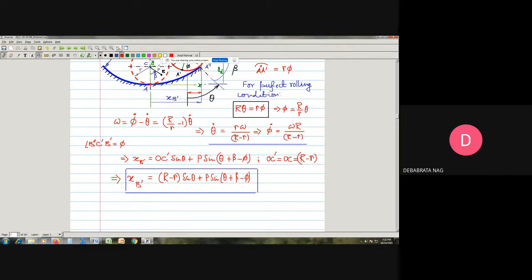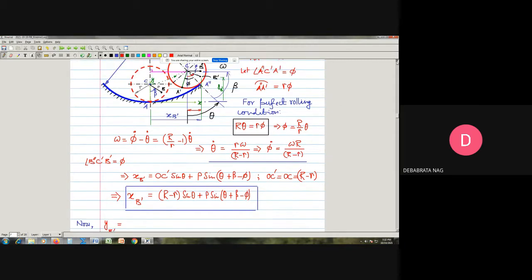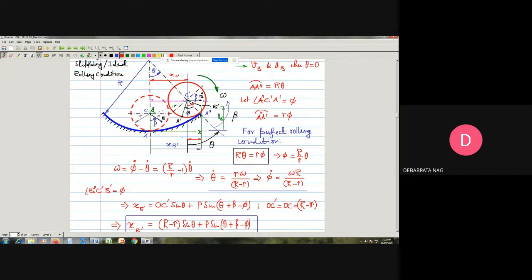So we can say now yb dash, that means the y coordinate of the point B dash. How can we go and calculate it? We see from here that this is yb dash, this is going to be our y coordinate. And how much will be this y coordinate from here?